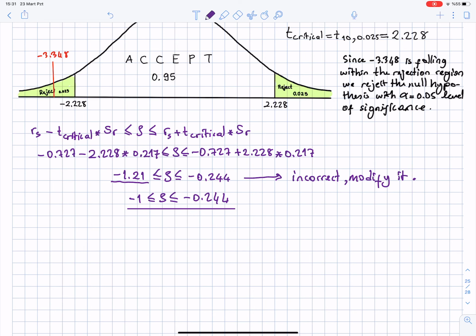If the upper bound is greater than plus 1, it cannot exceed 1, and the lower bound can never be less than minus 1. So this is the correct confidence interval.